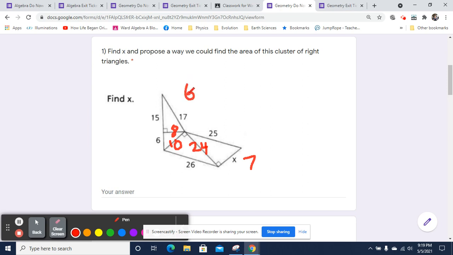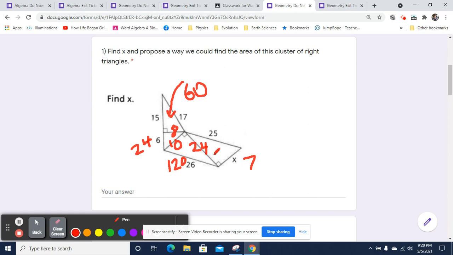I'll just make a note here. That's 60 right there. 6 times 8 divided by 2 is 3 times 8, so that's 24. Over here we've got 10 times 24 divided by 2, so we can call that 10 times 12. So that's 120. And then over here we've got 7 times 24 divided by 2, so we can call it 7 times 12.